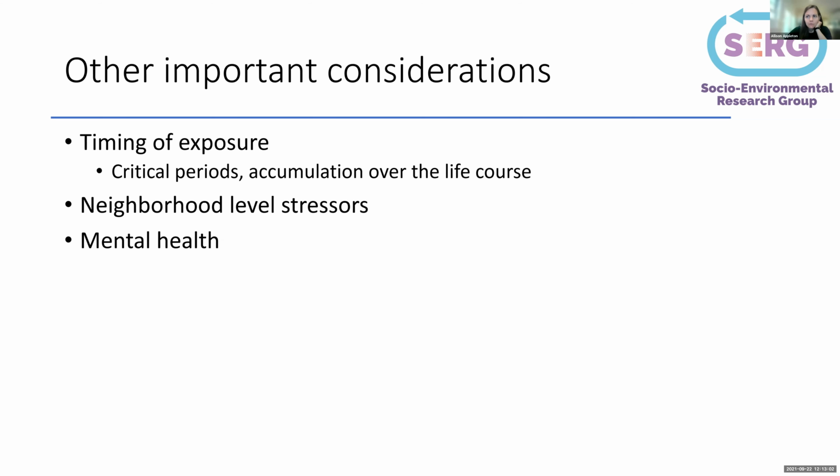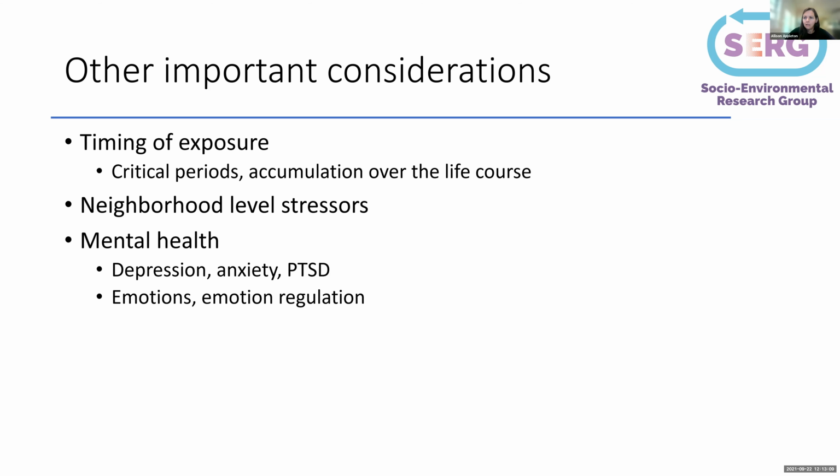Mental health. In that conceptual model I presented in the beginning, I show that stressful experiences give rise to emotion, and emotional factors are part of this as well. So things like depression, anxiety, PTSD, emotion regulation, these are all coming from stress. And I focused this talk on measuring the construct of stress.